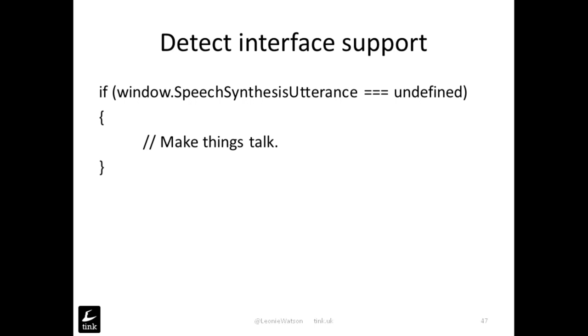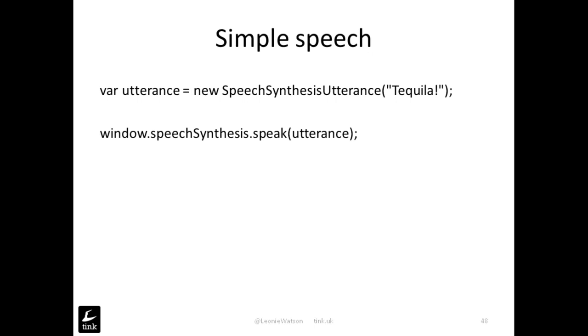And again, as with any scripting, it's worth checking. Using a slightly different method here, we're going to see if the speech synthesis utterance is defined on the window object. For some reason, with this API, that seems to be a bit more of a robust way of detecting where support doesn't exist. So, yeah, just again, simple true, false, and hook everything from there.